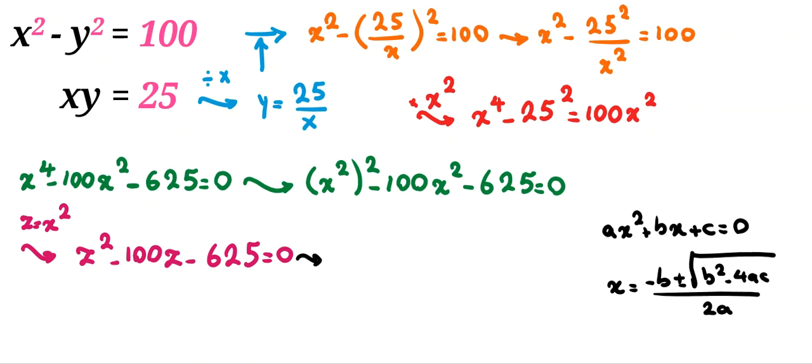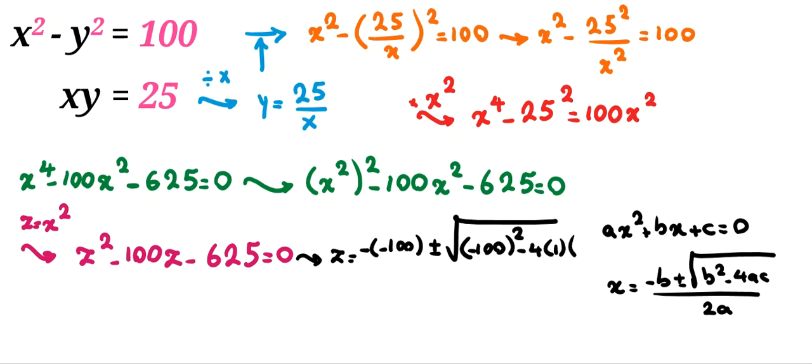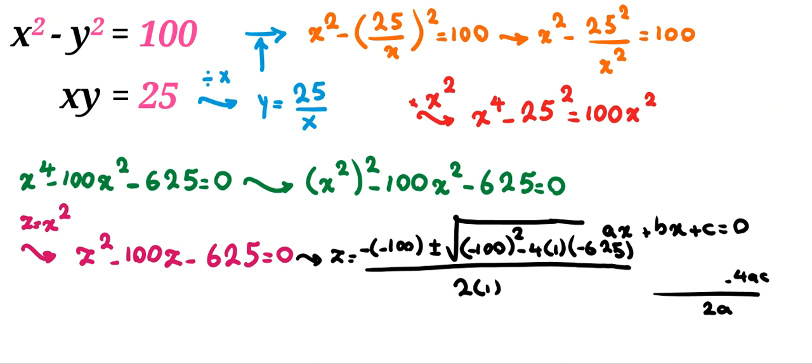So here z equals negative of negative 100, plus or minus the square root of negative 100 squared minus 4 times 1 times c, which is negative 625, and all over 2a, which is 2 times 1.